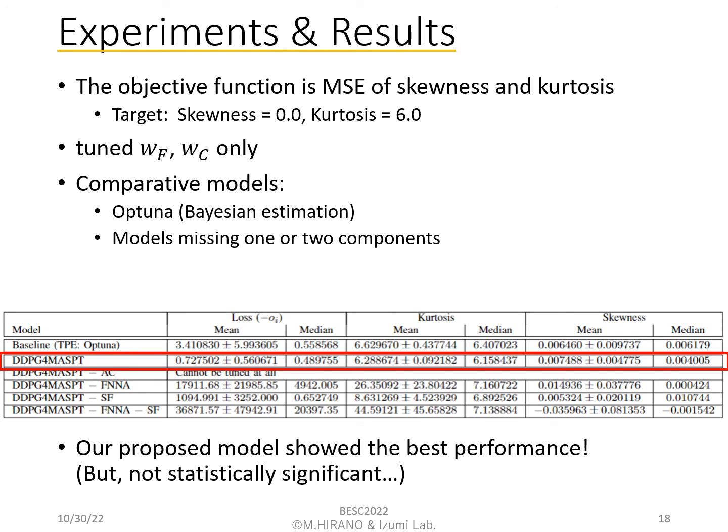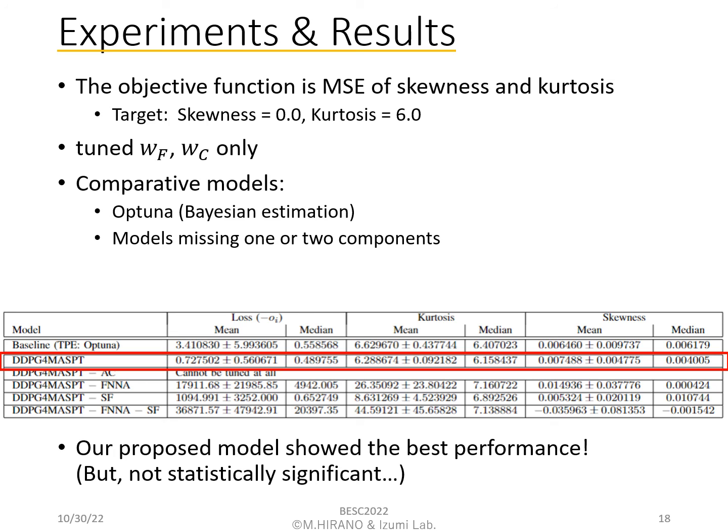So here are the experiment and results. The objective function of this experiment is the MSE of the skewness and kurtosis of the price log return of our financial market simulation. The target skewness is 0.0 and kurtosis is 6.0.